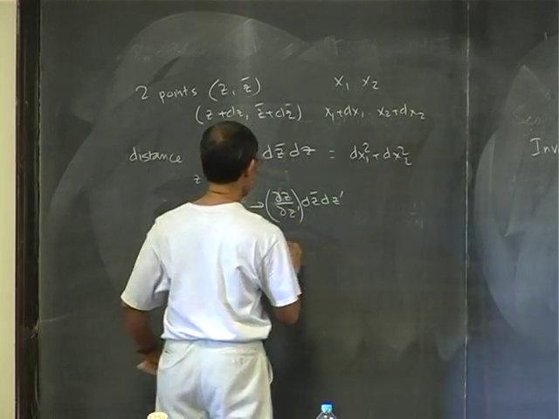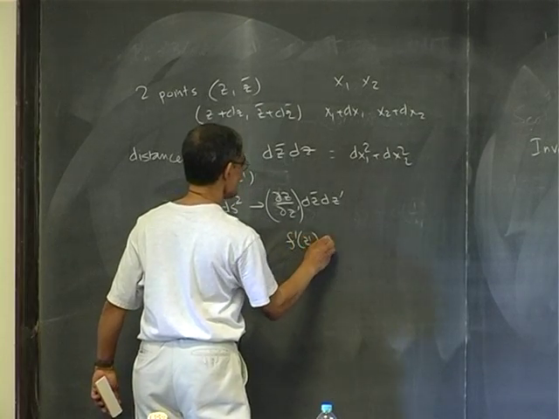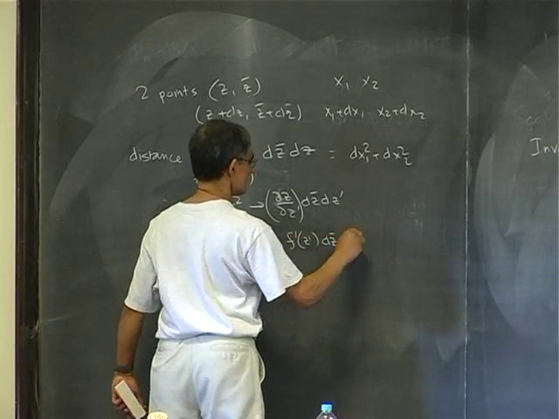So this is like f prime of z prime dz bar dz prime.